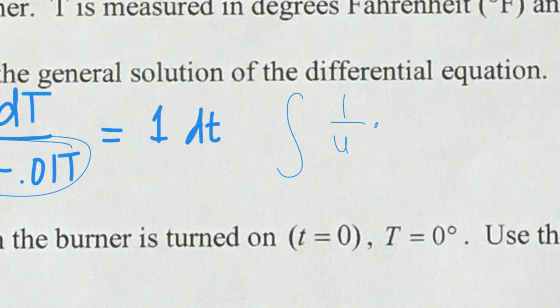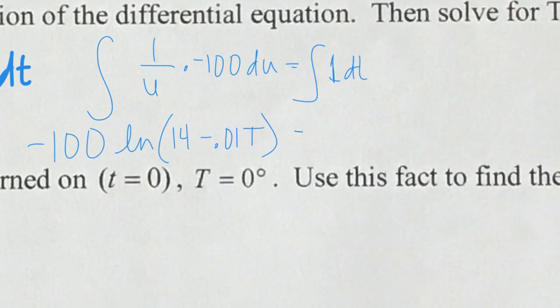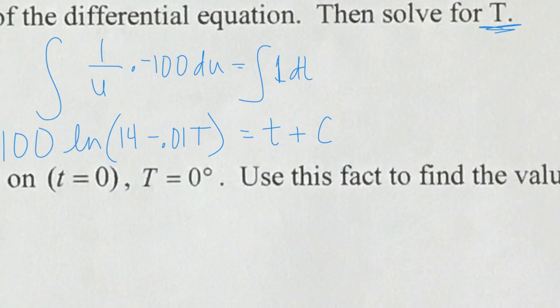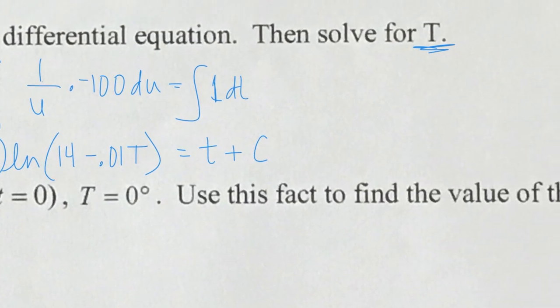This is a 1, negative 100 du equals the integral of 1 dt. All right, so this is negative 100 natural log of u. Remember, u was 14 minus 0.01 capital T, equals lowercase t plus some value c. And we want to solve this thing for capital T. Oh, okay, first thing, divide by negative 100.